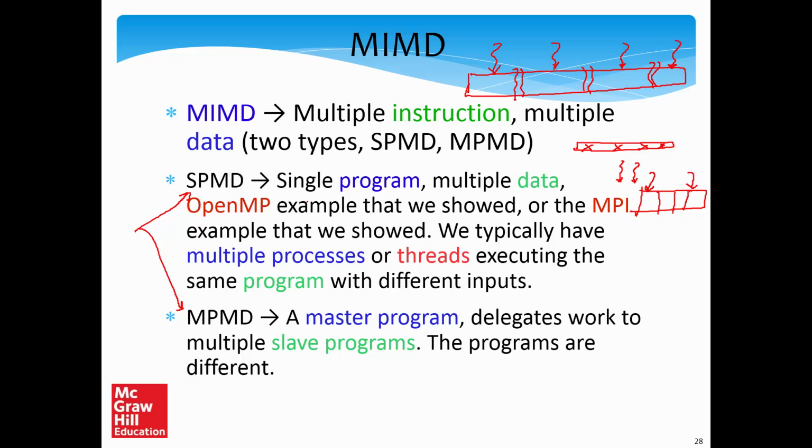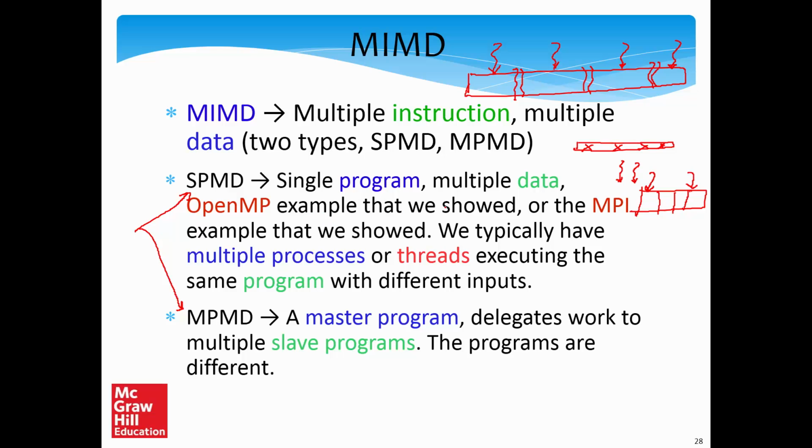SPMD means single program, multiple data. The program is the same, but different threads can execute different parts of the program. That's where multiple instructions come from. But at least it's the same compiled program, with multiple data regions.